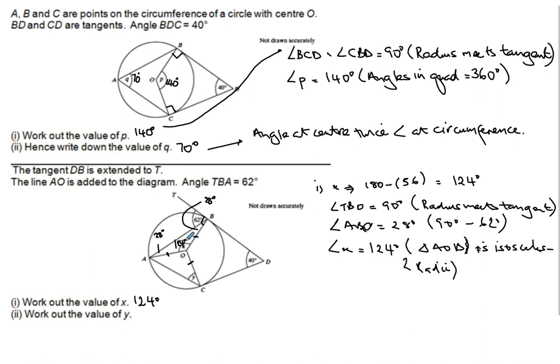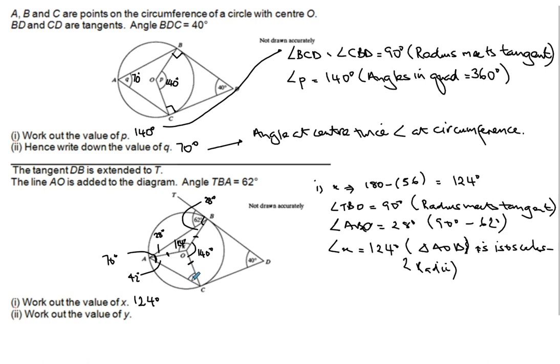What we haven't done is actually brought in all this stuff from here. So that is 140, and that whole angle there is 70. So if that's 28, then that one will be 70 minus the 28, which will be 42.